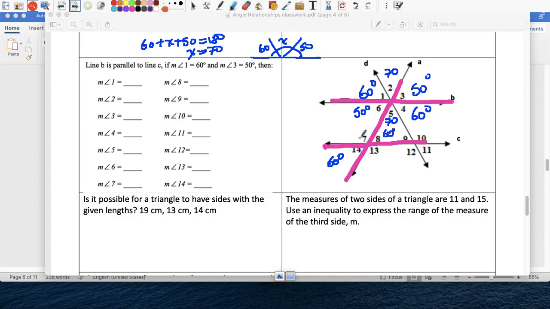Angle 7 and angle 14 are supplementary, which makes this 120, which makes 13 120. In this triangle, we have two angles, a 70 and a 60, so that adds up to 130. If I take 130 from 180, I get 50. In the triangle, the angles should add up to 180, which makes this 50. And if this is 50, guess what? 11 is 50.